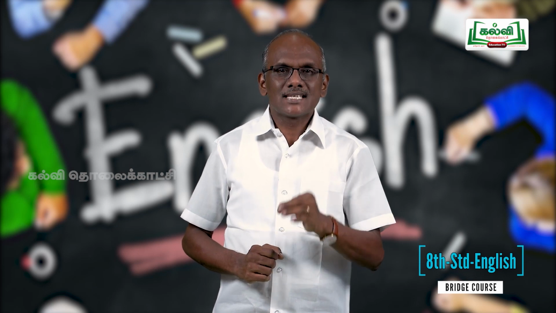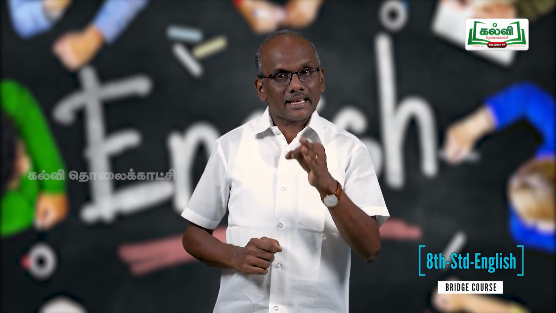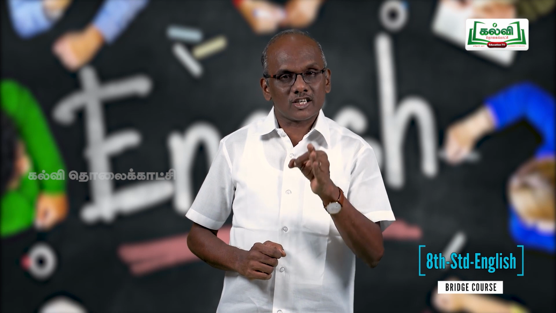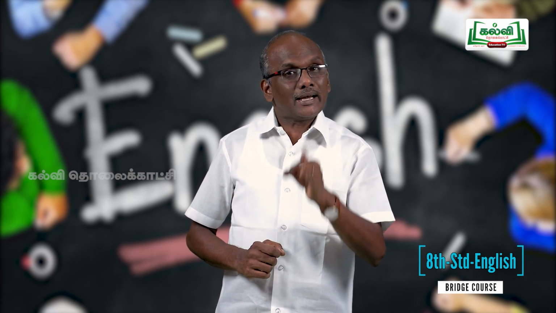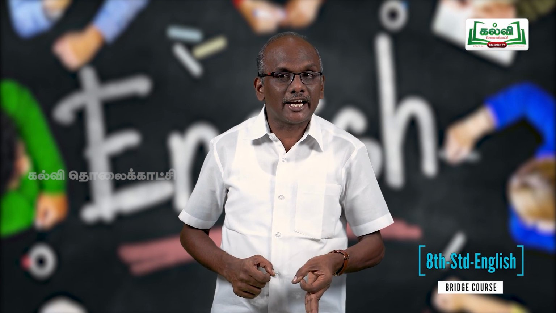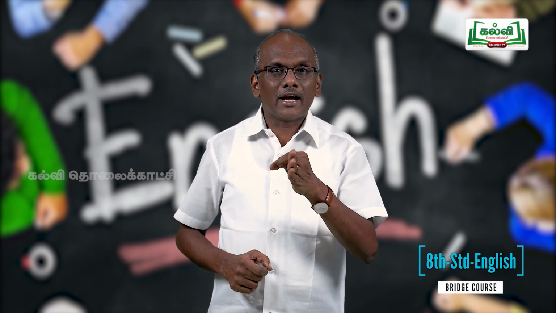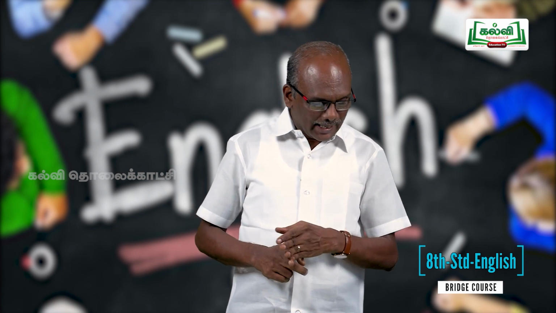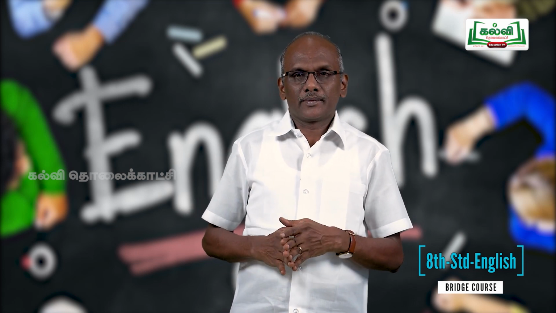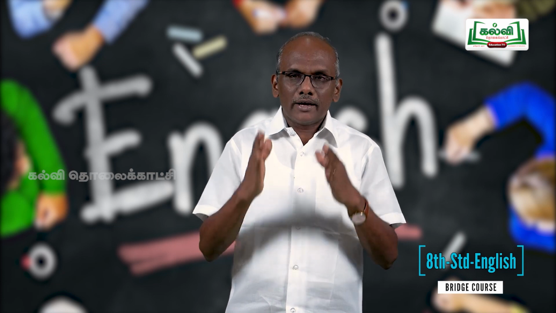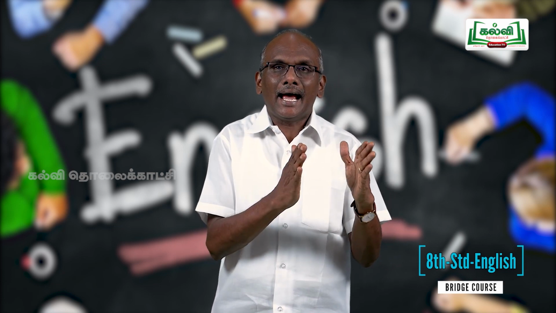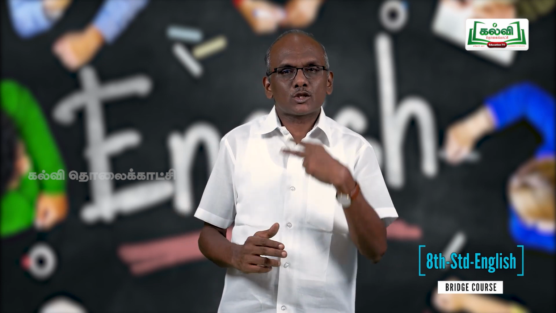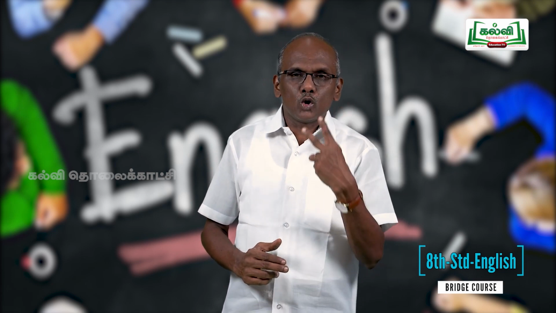C-I-T-Y, city. Here the last letter is the consonant Y, but it is not acting as a consonant here. It has a vowel sound in it. City. And then like that, happy. So how can we divide? Happy has two vowel sounds, so there are two syllables.